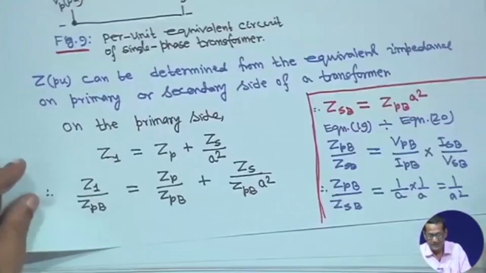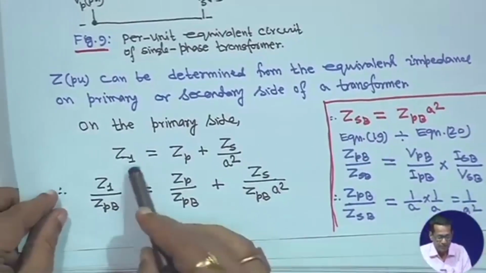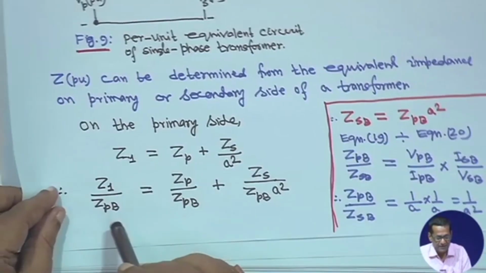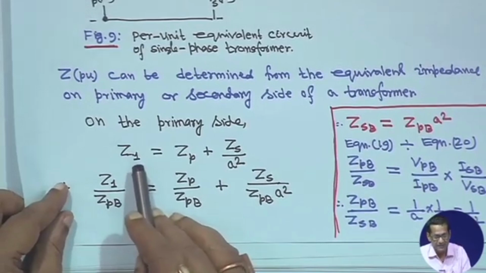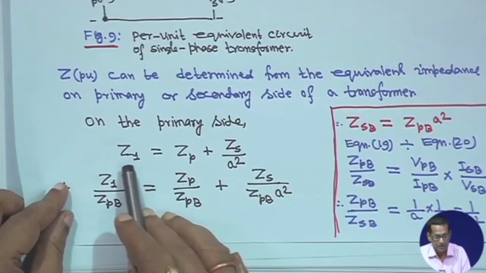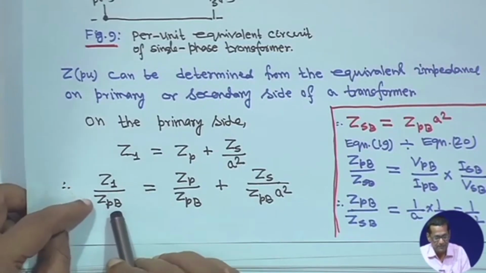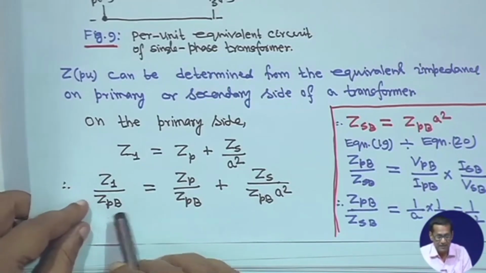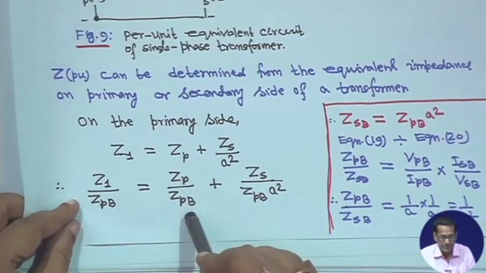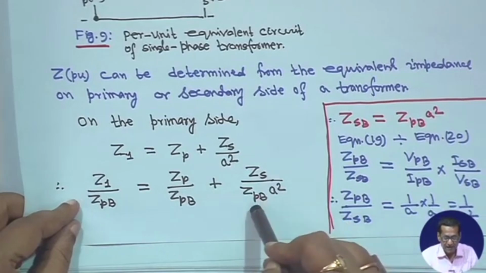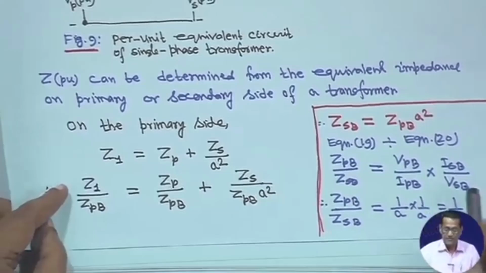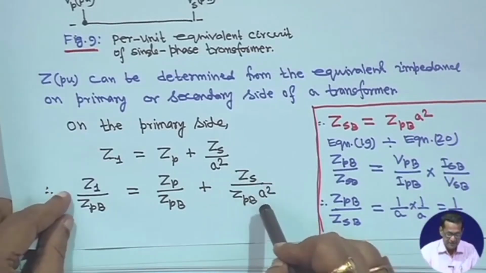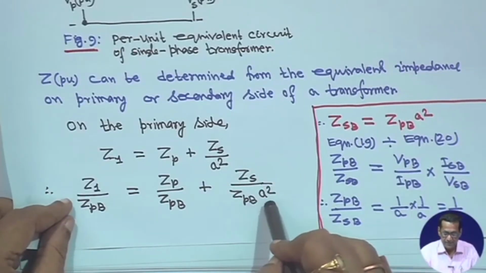Z1 is the primary side impedance you want to find out. So, Z1 divided by the primary side base impedance ZPB is equal to ZP upon ZPB plus ZS upon ZPB into S square, right. Now, this is ZPB into S square.